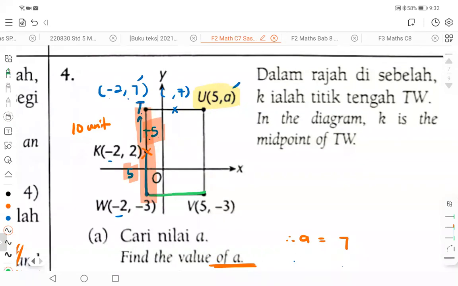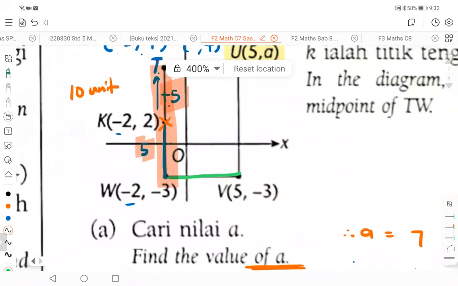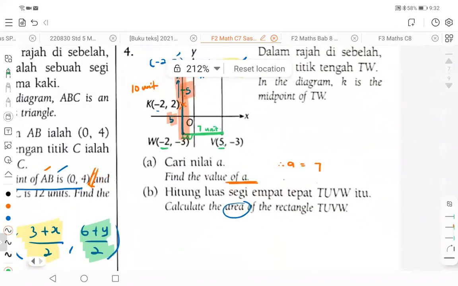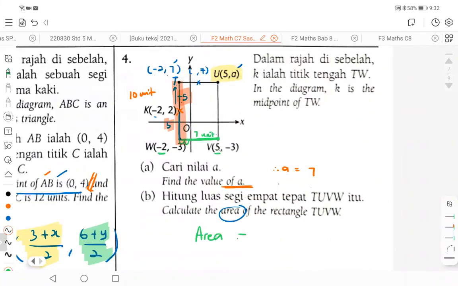The distance from W to V: negative 2 to origin is 2, and then 5, so total 7 units. So the area is 10 times 7, which is 70 square units.